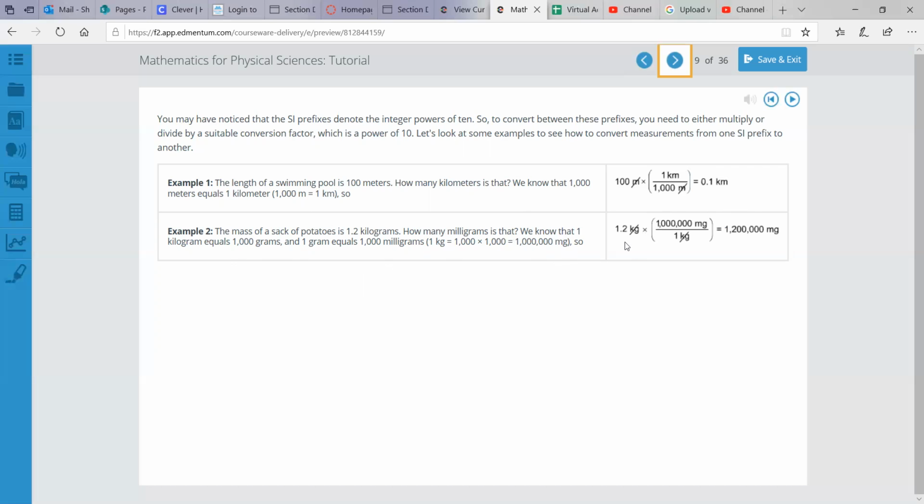So you take 1.2 kilograms, multiply that by the ratio, 1 million milligrams divided by 1 kilogram, okay? Kilogram cancels out with this kilogram, and you're left with 1,200,000 milligrams, okay? So get that pattern down. You take a number, multiply it by a ratio, this unit cancels out with this unit, and you're left with the unit you're trying to convert to.